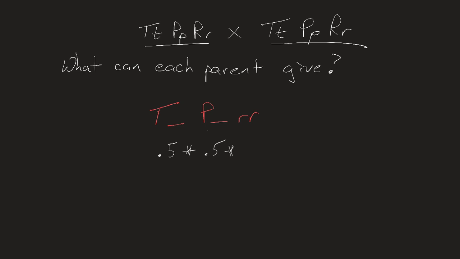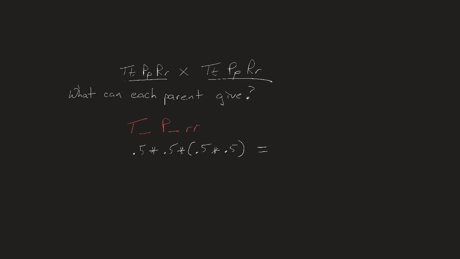But what are the odds of getting 2 little r's? That's the odds of getting a little r from the first parent and another little r, multiplied. So it's 0.5 times 0.5. Now multiply all those together, and you get the odds of getting this genotype.